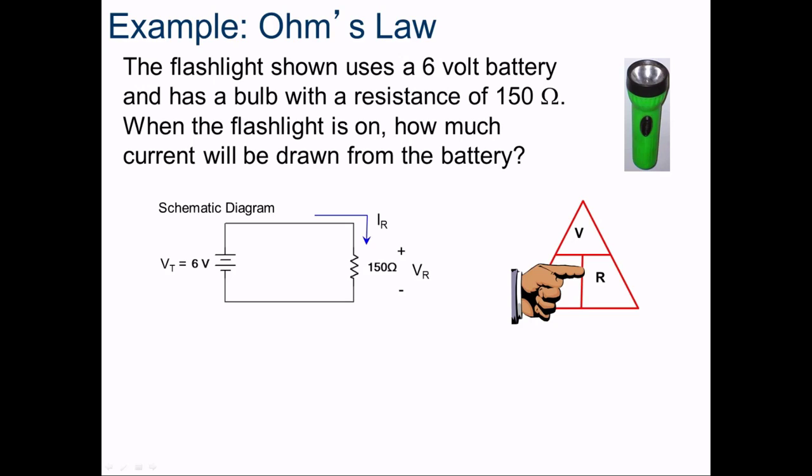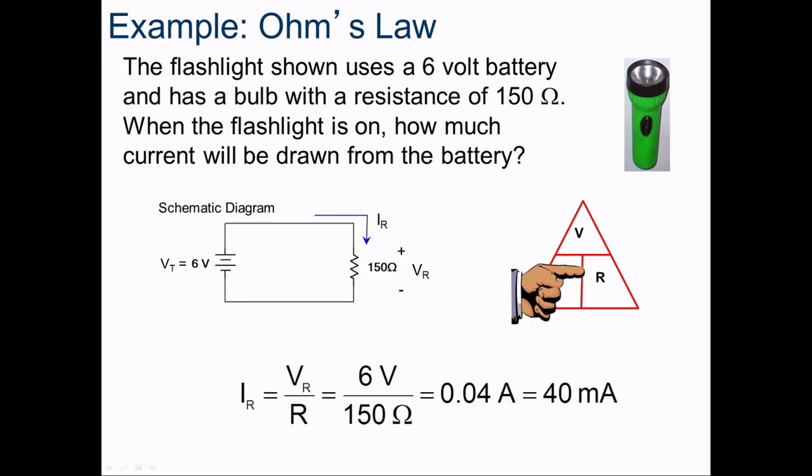And it's asking for current. So they did the circle T just with a triangle, same type of thing. I put my thumb over I, so then I know it's going to be volts divided by resistance. I equals V over R. I equals 6 volts over 150 ohms, which equals 0.04 amps or 40 milliamps.